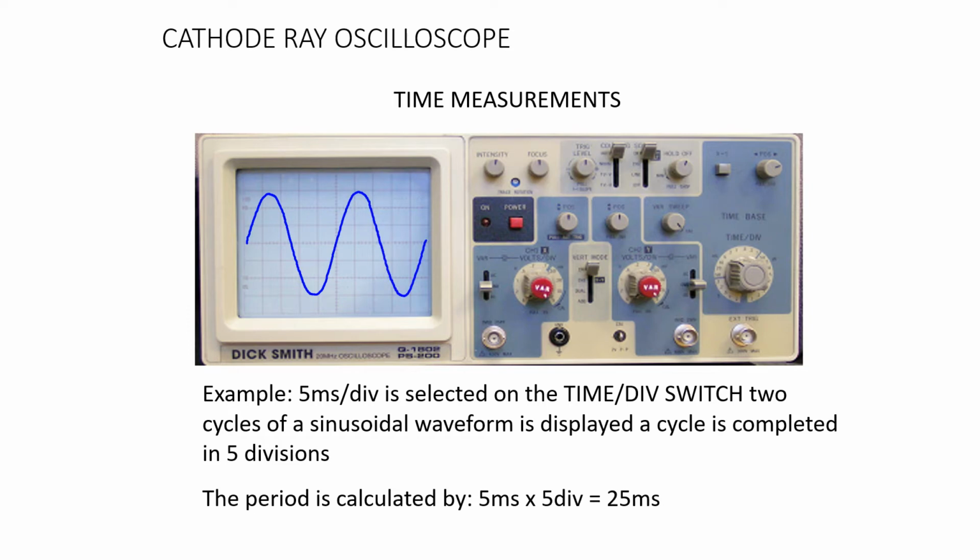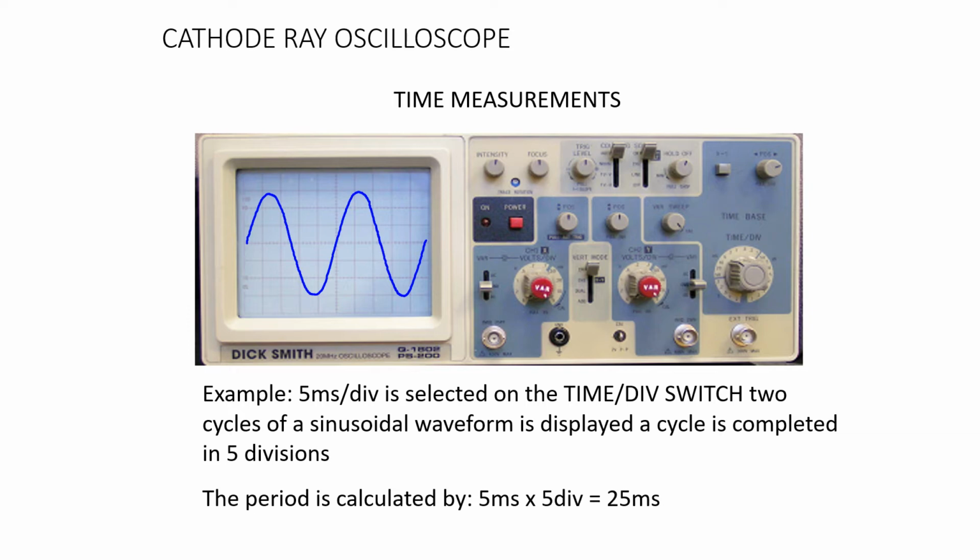So the time period is calculated as follows: for 1 cycle, it needed 5 divisions, as you can see on the display screen. 1 division is 5 milliseconds. So 5 milliseconds into 5 divisions, 25 milliseconds is the time period of the waveform.